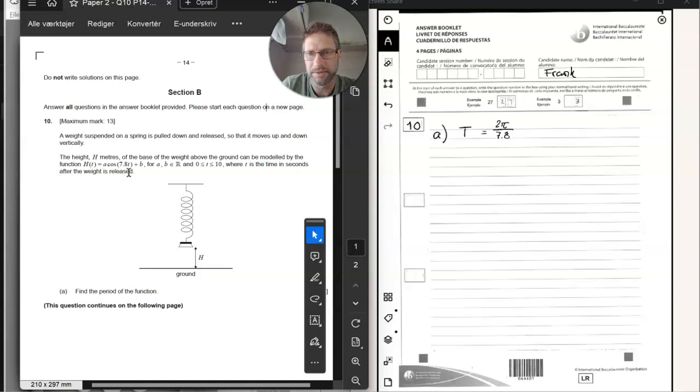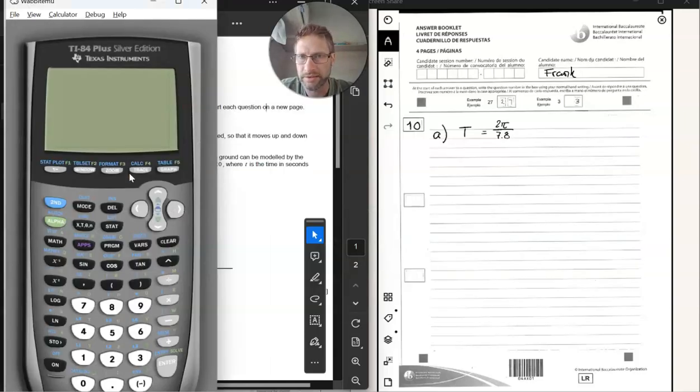And of course, since this is paper 2, we're going to call up the calculator. Oh, that worked. Wonderful. And ask what 2 multiplied with pi, where is pi? I can't find pi. So that's 3.1416, and divided by 7.8.